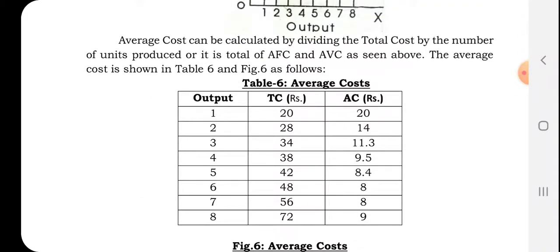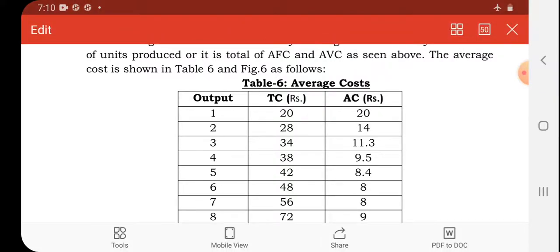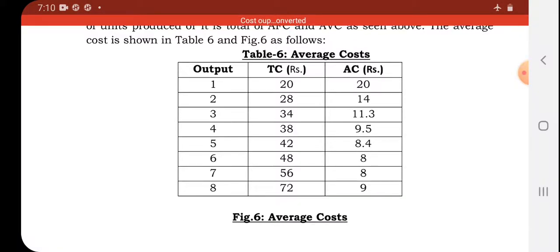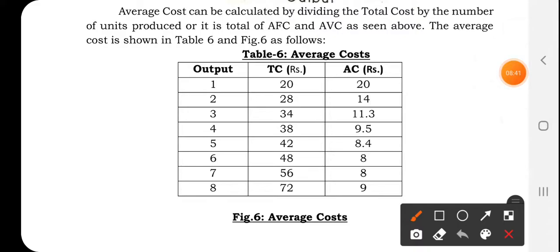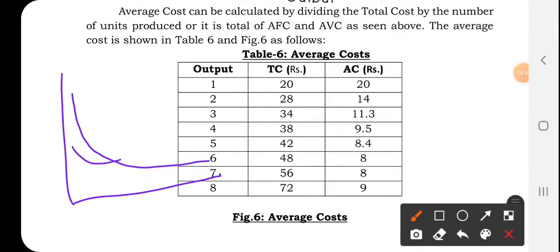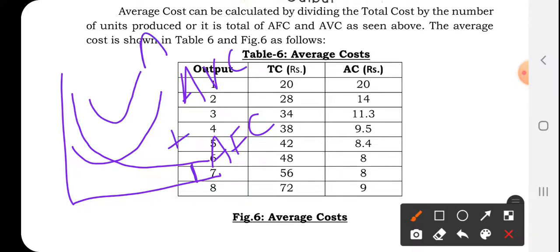This is how the average cost is computed. Average cost can be easily computed using the formula total cost divided by number of units. This is the average fixed cost, and this is the average variable cost. When we add these two, you can see this much gap, and it will take the shape of a U. This is your average cost.